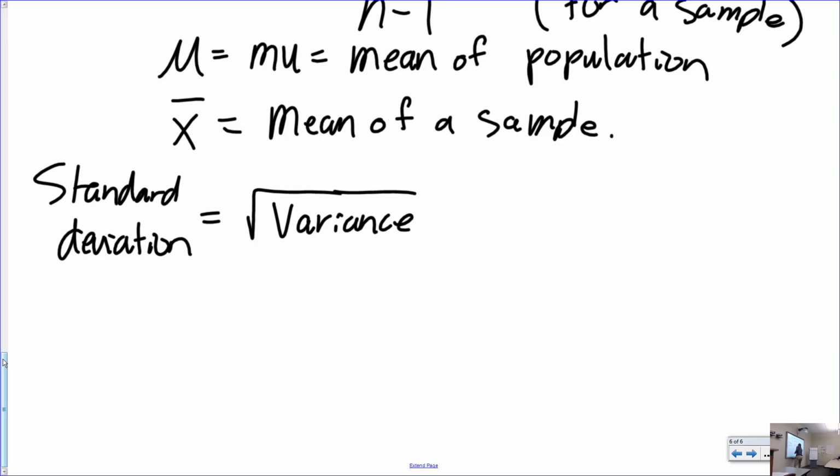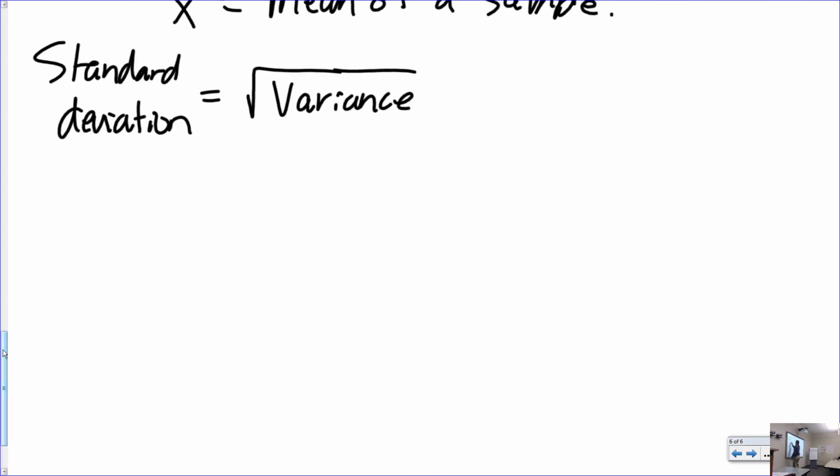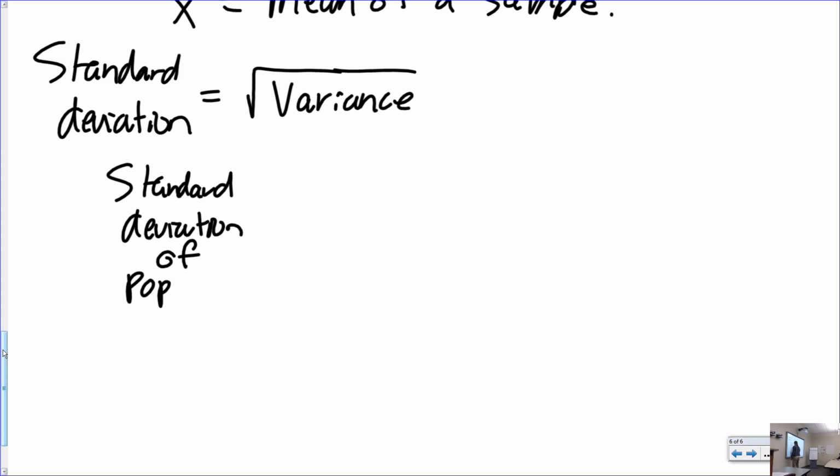So, if you are asked to tell me what the standard deviation of a population is, it is the square root of sigma squared. What is the square root of a square?